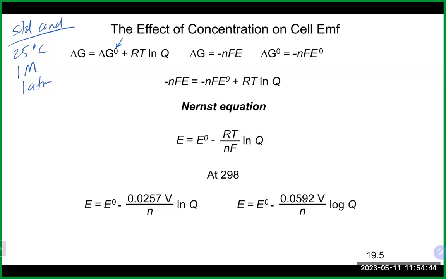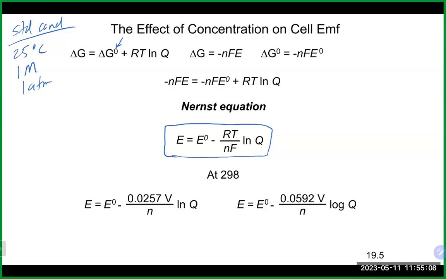We saw one in our thermodynamics chapter with delta G in a non-standard condition: delta G equals delta G naught plus RT natural log of Q. Tying that together with our delta G and our E of the cell gives us an equation that we use for non-standard conditions, sometimes referred to as the Nernst equation.